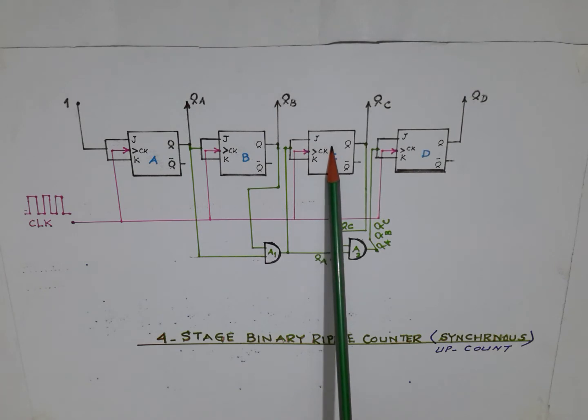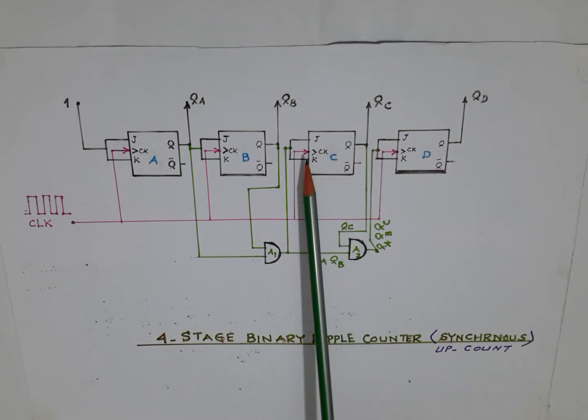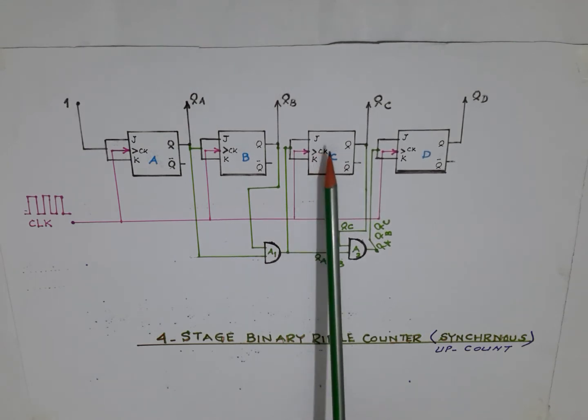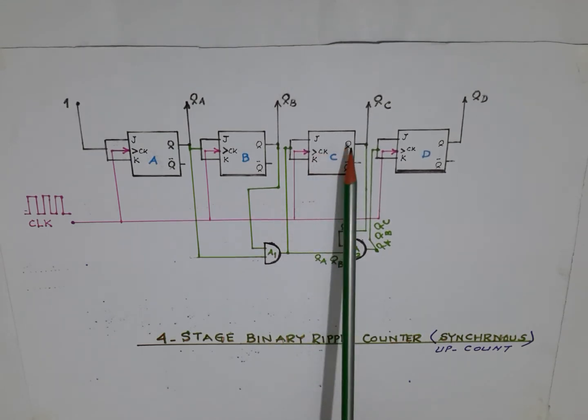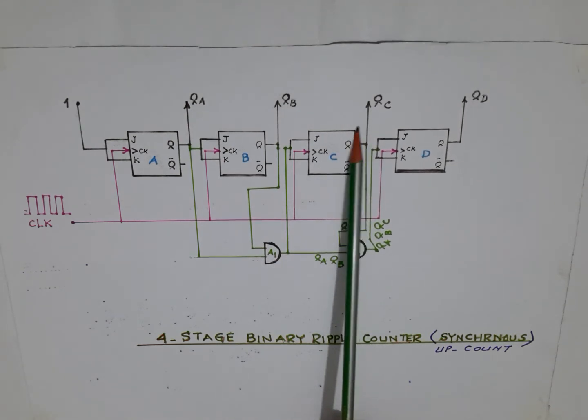QC will toggle after every 4 pulses and provides us 2 pulses in the output, that is 4th pulse, 8, 12, 16th pulse. It will toggle 4 times and provide us 2 pulses in the output.